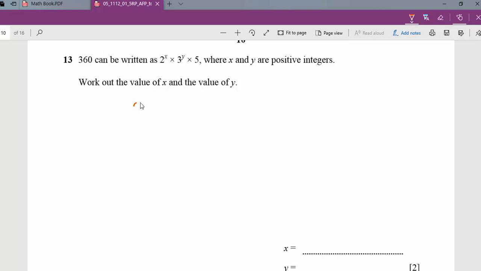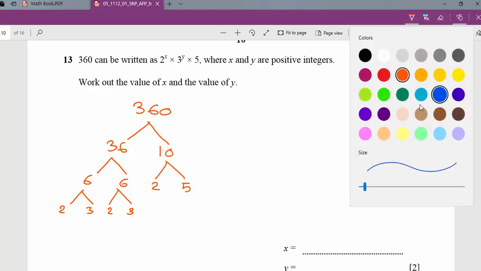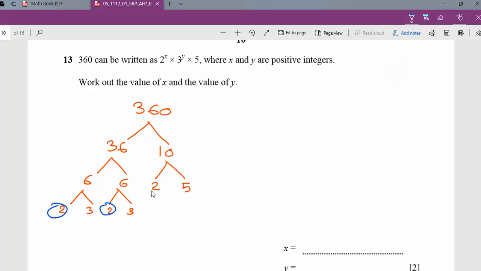Let's factorize 360. 360, we can simply say it's 36 times 10, and 36 is 6 times 6, 6 is 2 times 3, and this one is 2 times 3. 10 is 2 times 5. Okay, now how many 2's are repeated? 2 is repeated 3 times. 1, 2, 3. So the power of 2, which is x, must be 3.